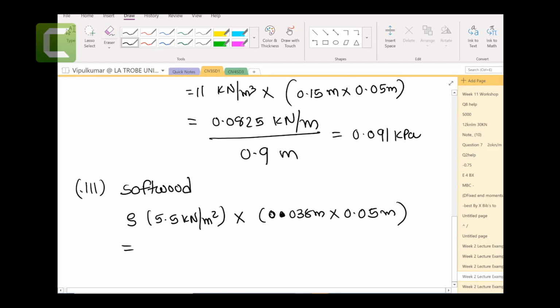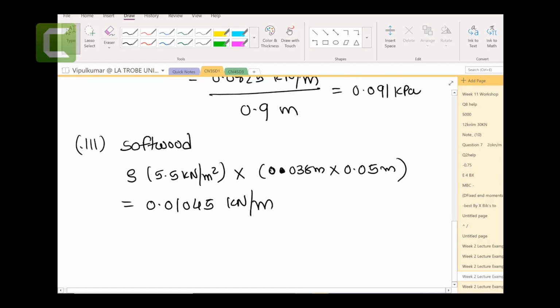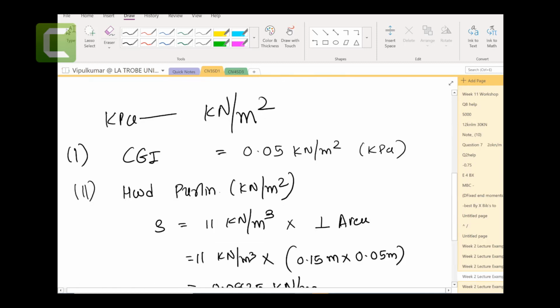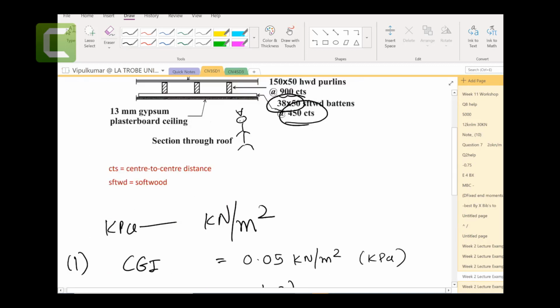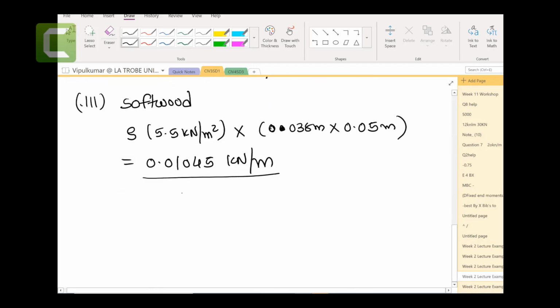You will get 5.5 times 0.038 times 0.05. You get 0.01045 kilonewton per meter. But now we need the kilopascal, so just divide by the center to center distance. I already explained that, 450. So 250 on each side, therefore it becomes 450. Divided by 0.45, you get 0.023 kilopascals.